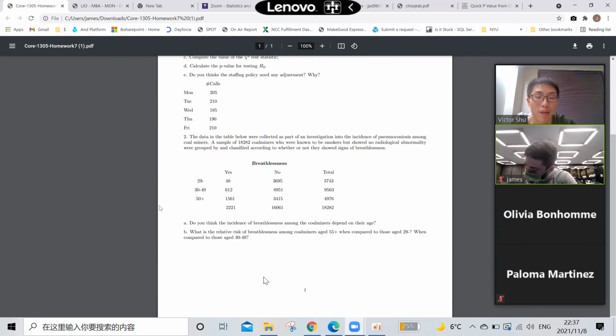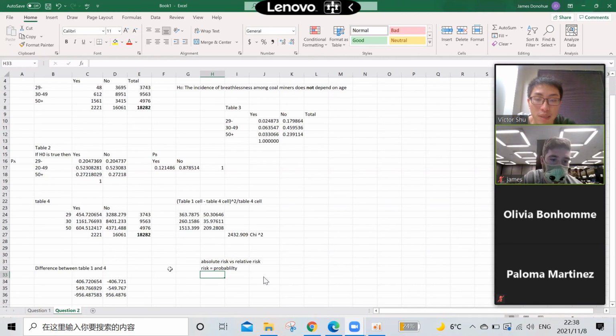That is my risk of getting breathlessness if I'm a coal miner. And by the same token, we look at the second line and the third line, and I can find my absolute risk of getting the breathlessness problem.